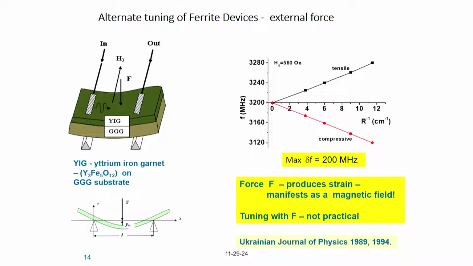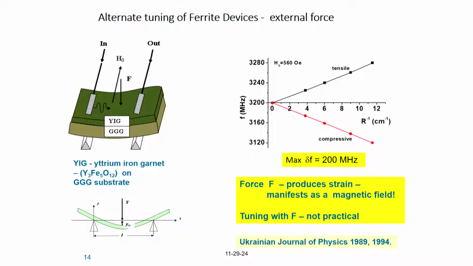Why does it happen? When you apply a force to it, it's like magnetostriction, right? It would change the magnetic properties of the film. It can change either the magnetization or the anisotropy field. That would manifest as a change in the resonance frequency.